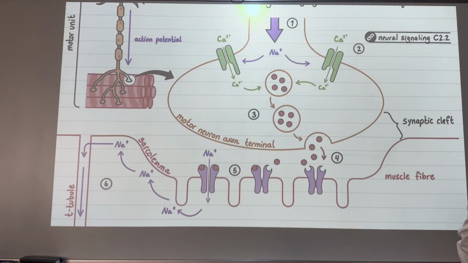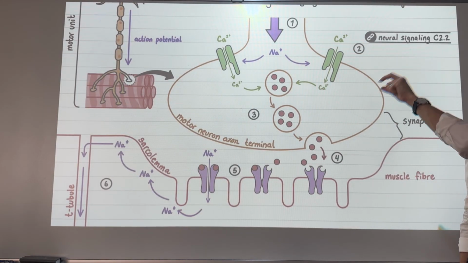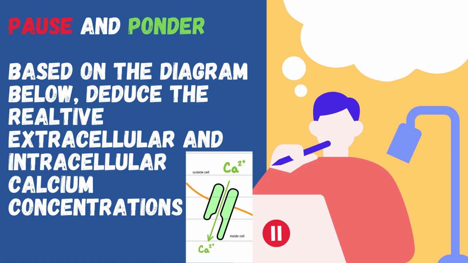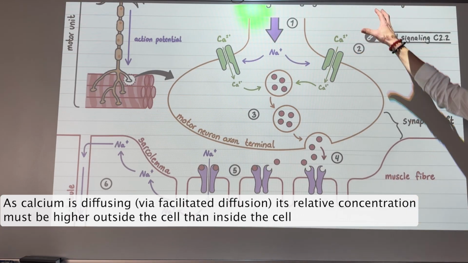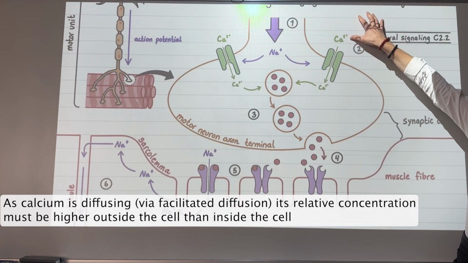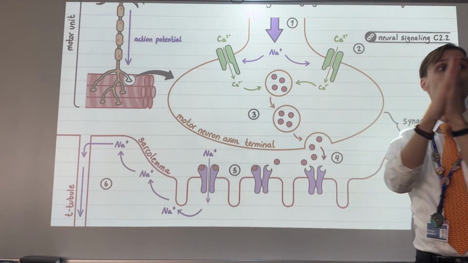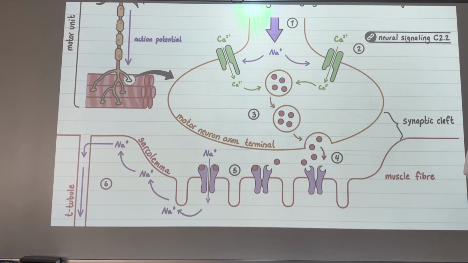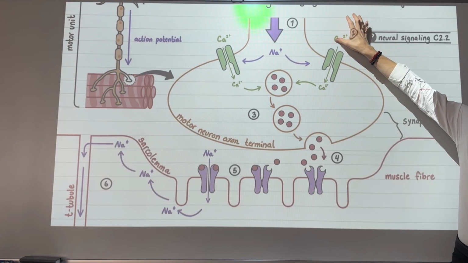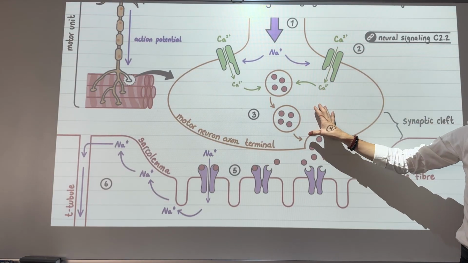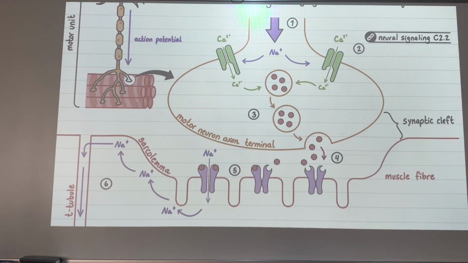What might we infer as to the concentration gradient of calcium? Must be high outside, low inside. So as the voltage gated calcium channels open, calcium is going to diffuse from outside of the neuron into the axon terminal. And calcium is actually going to act as a signaling molecule.